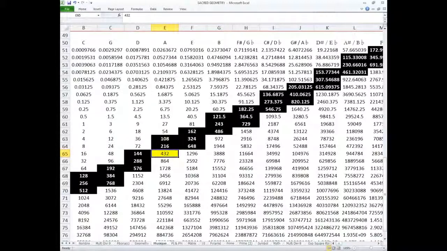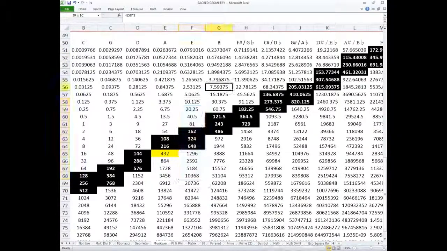I don't remember exactly the square root of 432. There's a connection, but I don't remember which one it is. The 432 is obviously a quite mystical number.